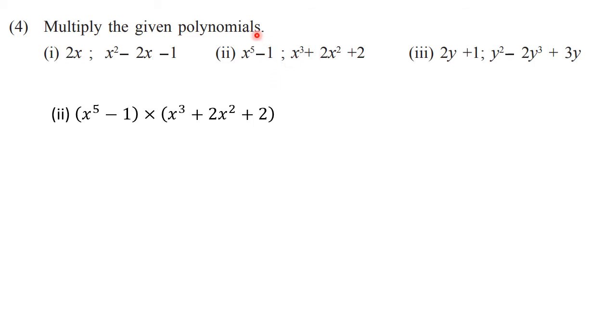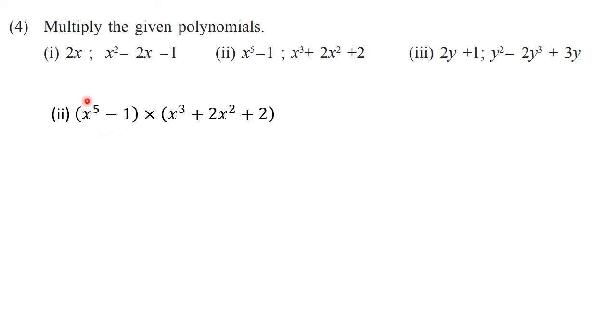So see, first polynomial, write it in the bracket, x raised to 5 minus 1. We are doing multiplication, so write down that sign here and the second polynomial in the second bracket. Now here we have seen the multiplication in the previous lecture also in the solved examples. What we have to do is take the first term from the first polynomial, and then the second bracket we are going to write as it is in multiplication.